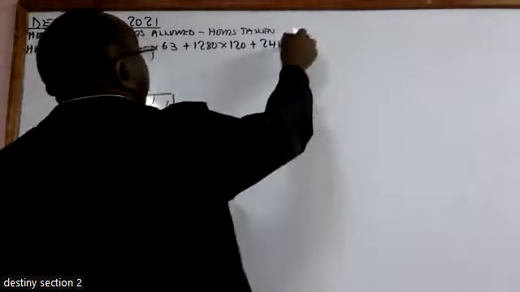Grade 1, it was 40 times 30, plus 16 times 64, plus 64 times 50. That gives 5424.